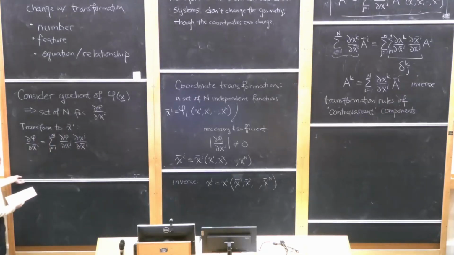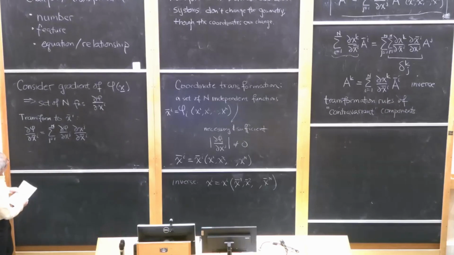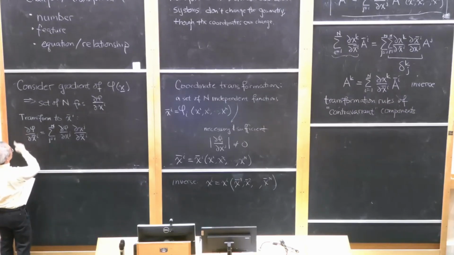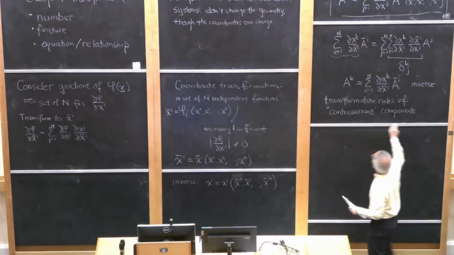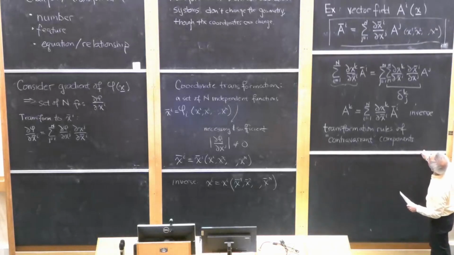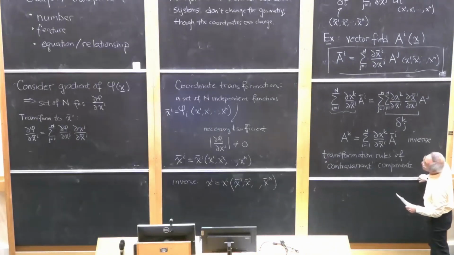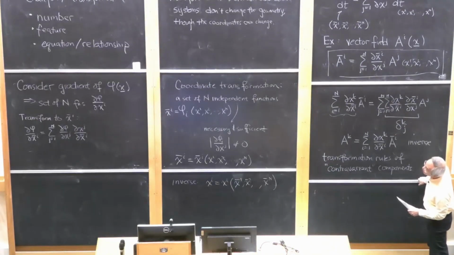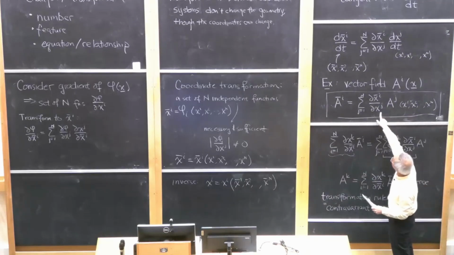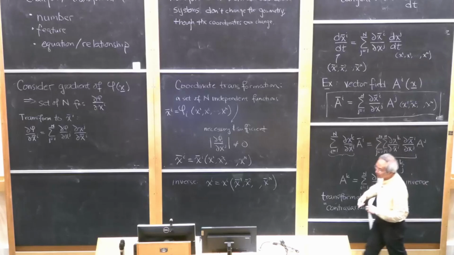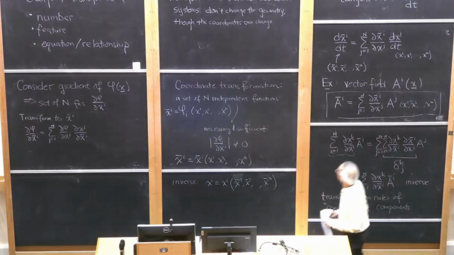Now, how does this compare with what we wrote before? Unfortunately, I have it way on the other side of the room. But we're comparing with this one, and the difference is in this derivative.